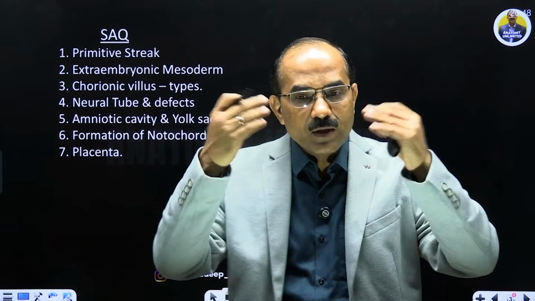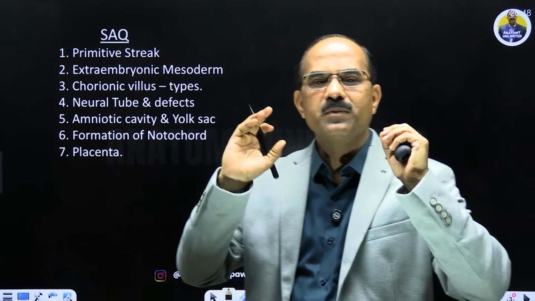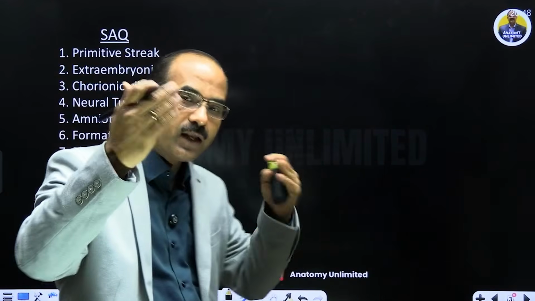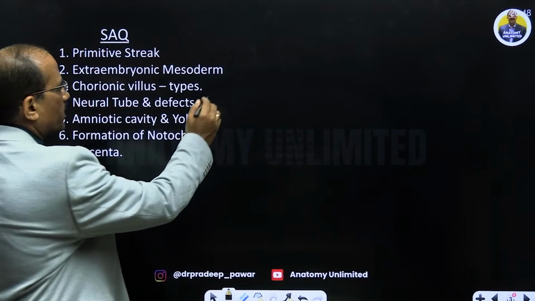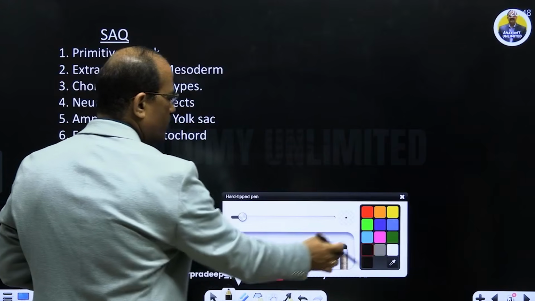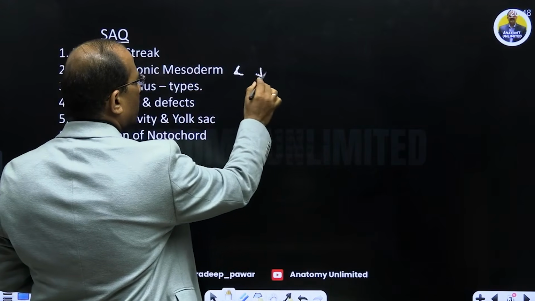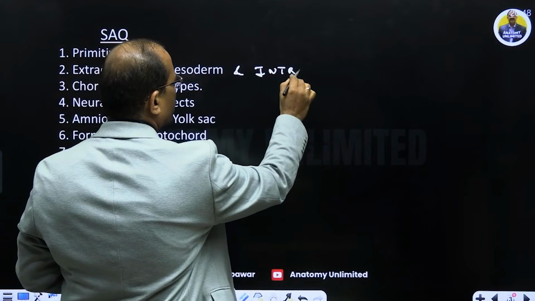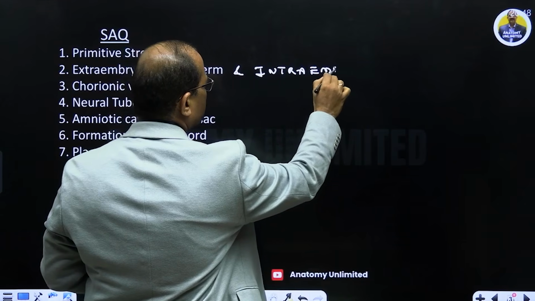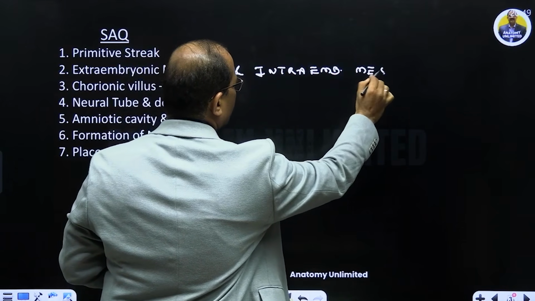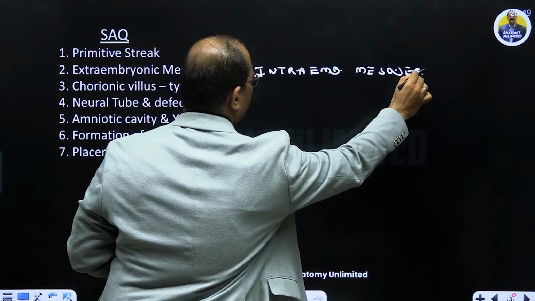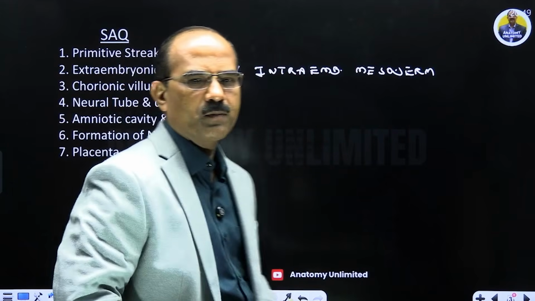The intraembryonic mesoderm differentiates into a paraxial, intermediate, and lateral plate mesoderm, and you have to know the derivatives of each one of these. So extraembryonic, and I'll just make it here, intraembryonic mesoderm. Fine. Okay, so both you remember.